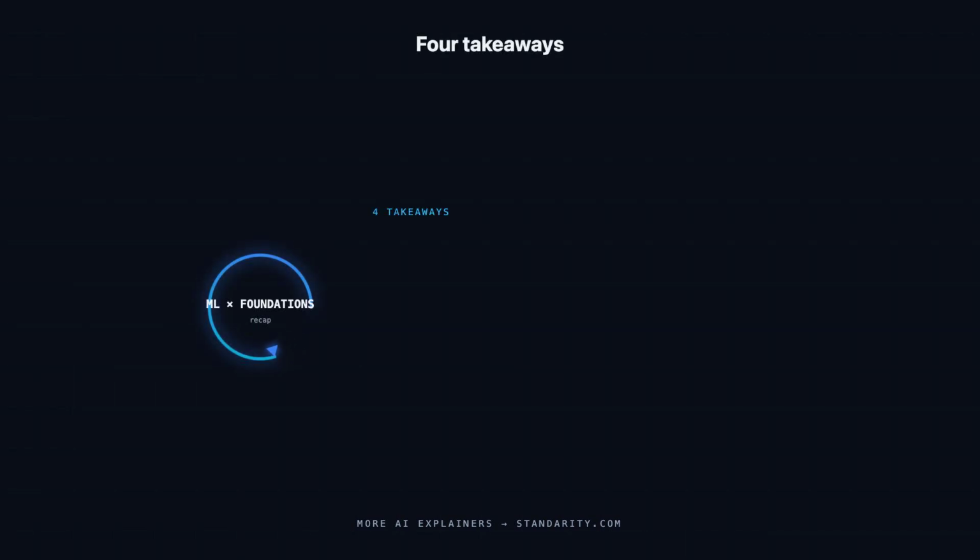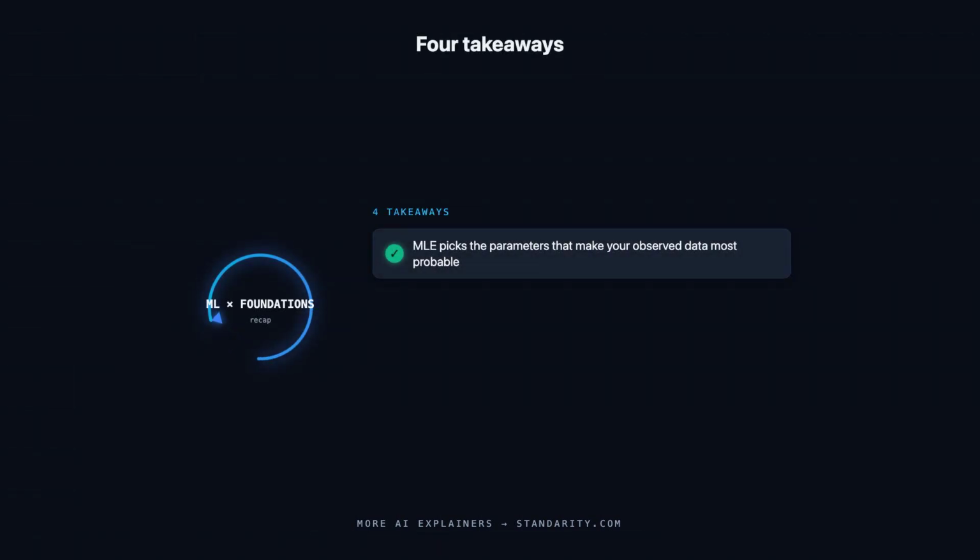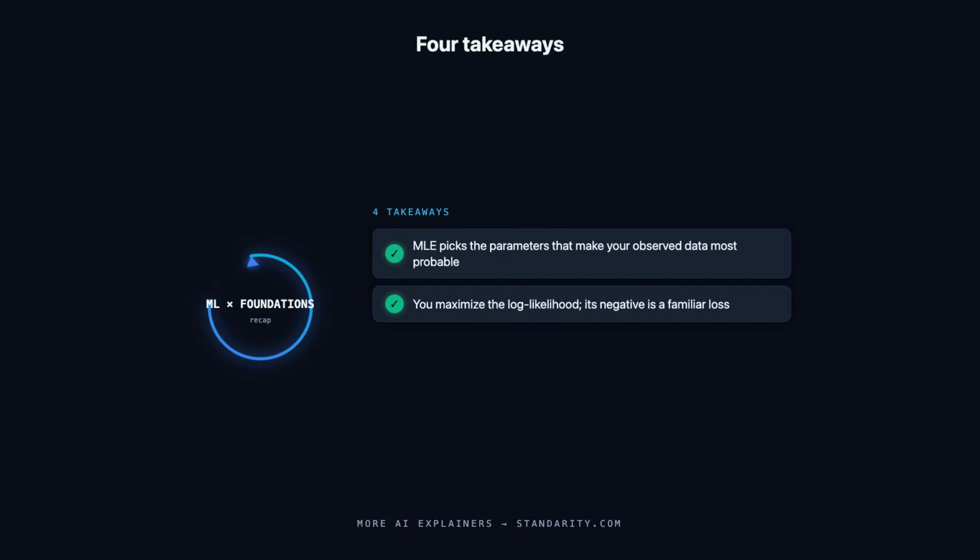All right, four takeaways worth keeping. Maximum likelihood estimation picks the parameters that make your observed data most probable under the model you chose. In practice, you maximize the log likelihood, which turns products into sums, and minimizing its negative becomes a familiar loss function.